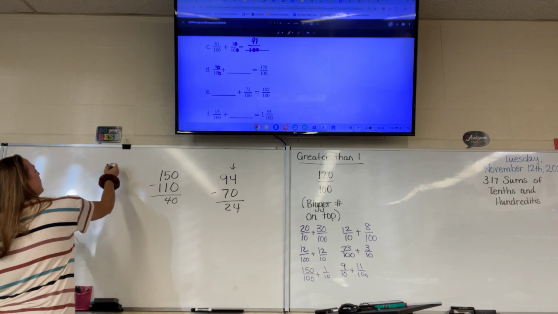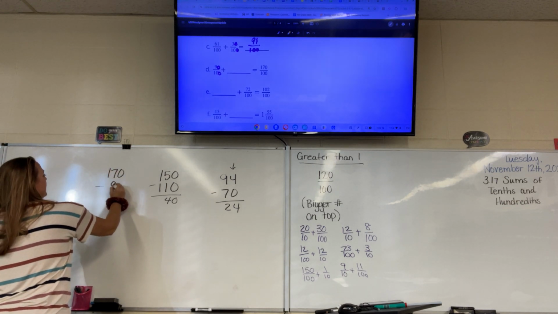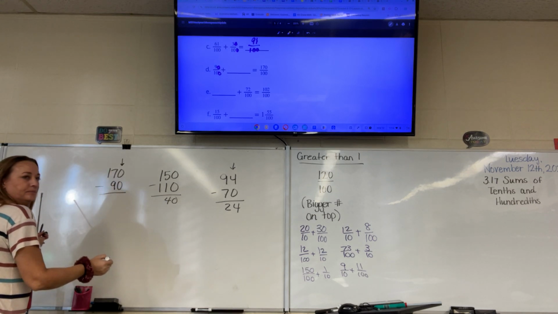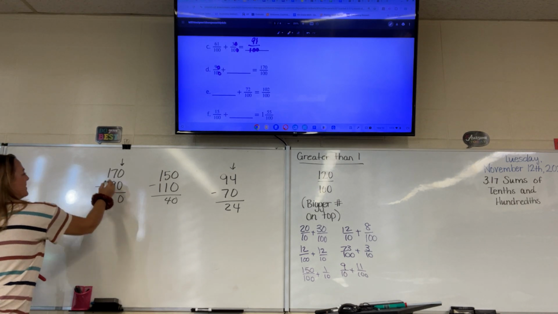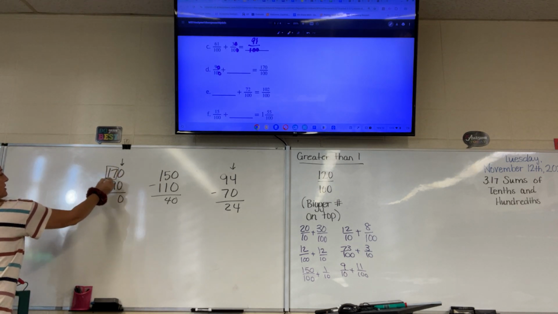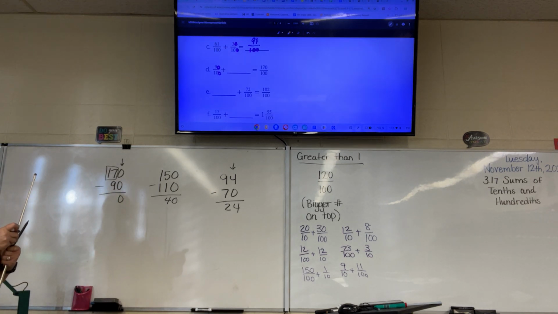So we're going to take 170 and take away 90. So we've got 0 minus 0. 0. Okay. And then 17. Since we only have 2 digits left and they're both above the 9, we can combine them. What's 17 minus 9?